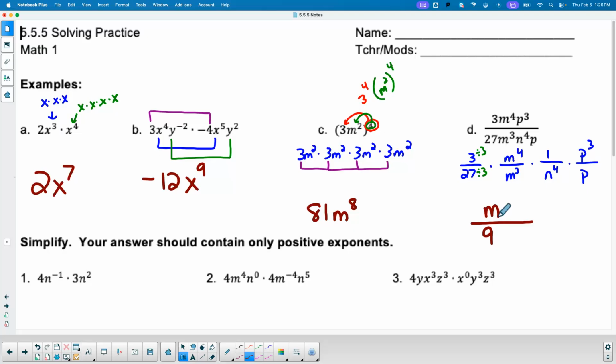On the bottom. How many more? There's 4 of them down there, so those have to stay down there. Are there more p's on top or on the bottom? On top. How many more? There's 2 more on the top, so that would be p to the 2nd power on top.